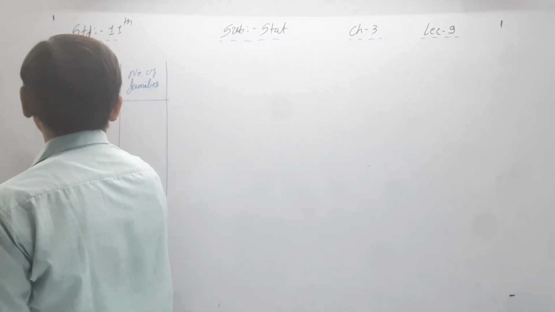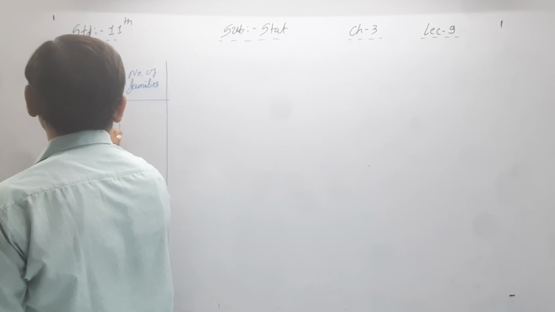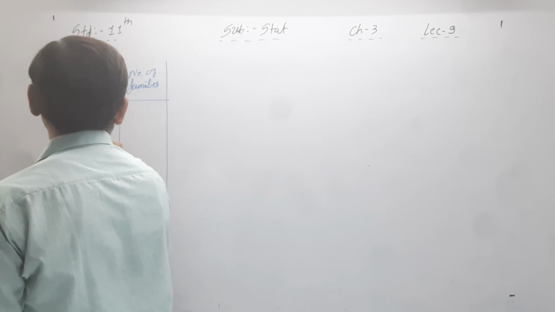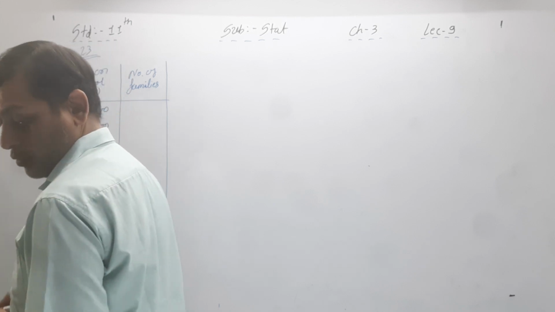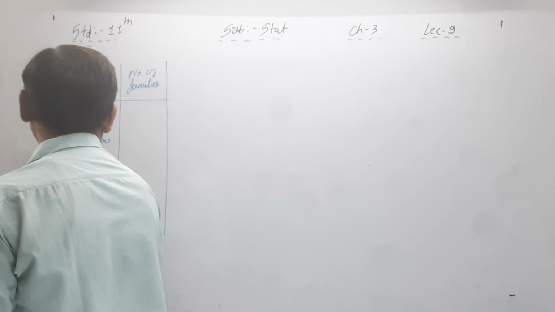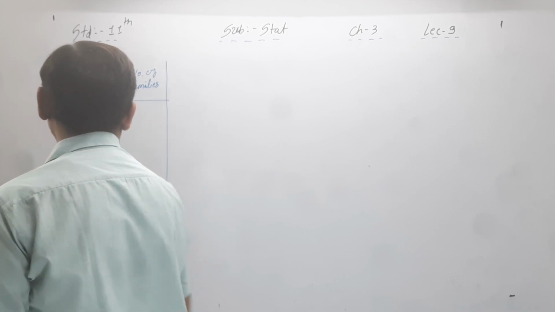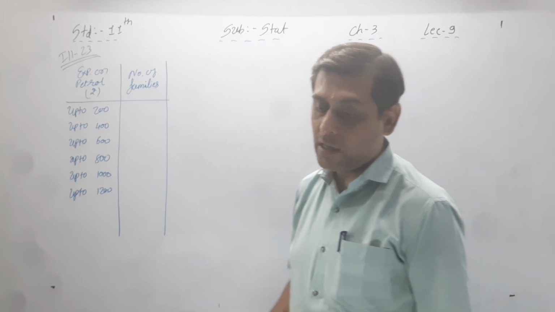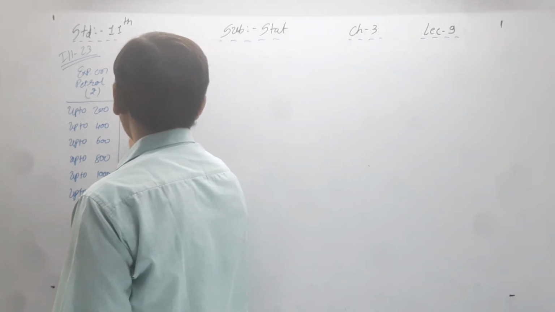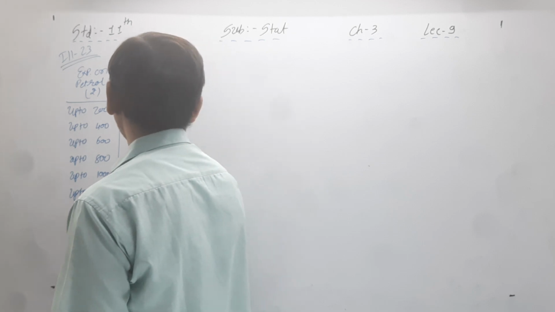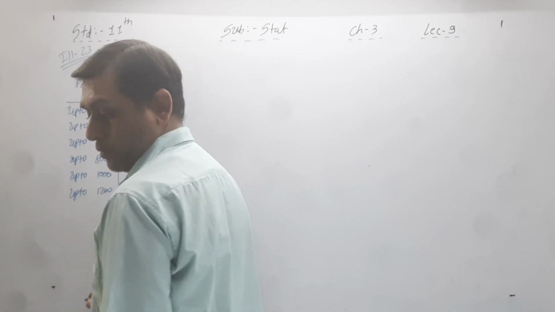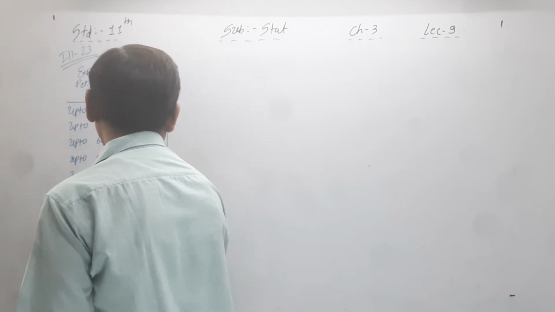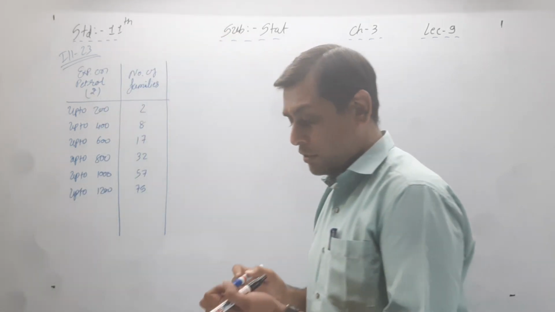Up to 200, up to 400, up to 600, right? This is the question, and the number of families given is 2, 8, 17, 32, 57 and 75, right? See, this is the question.